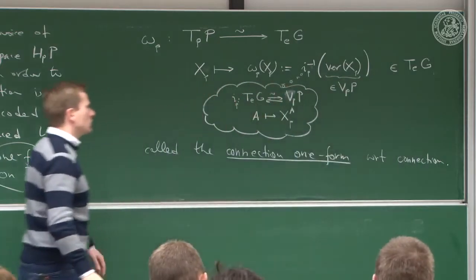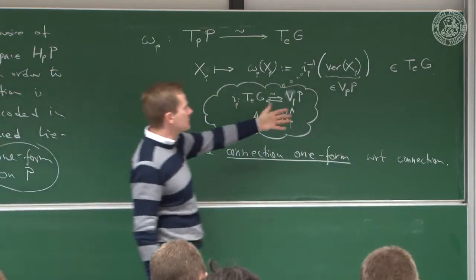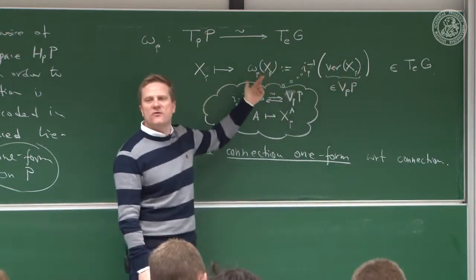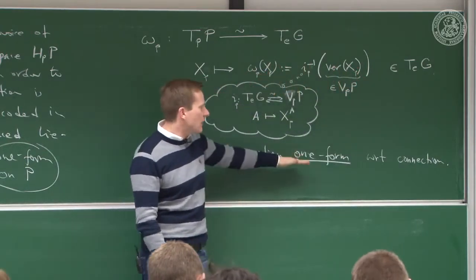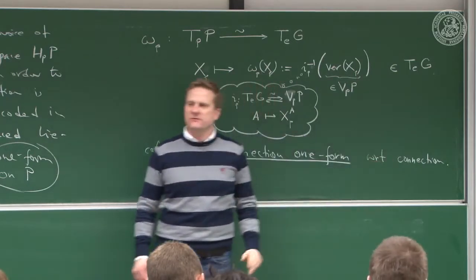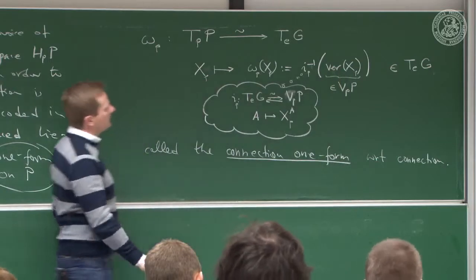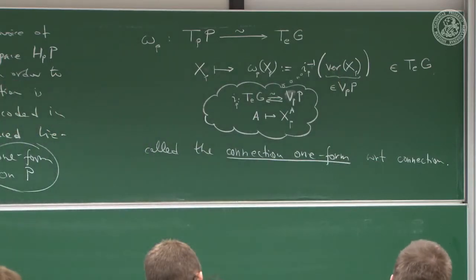So the connection is a choice of horizontal subspaces, and once I have such a choice, I can define this form. So it's the connection one form with respect to a given connection, the connection being hidden in this vertical part.